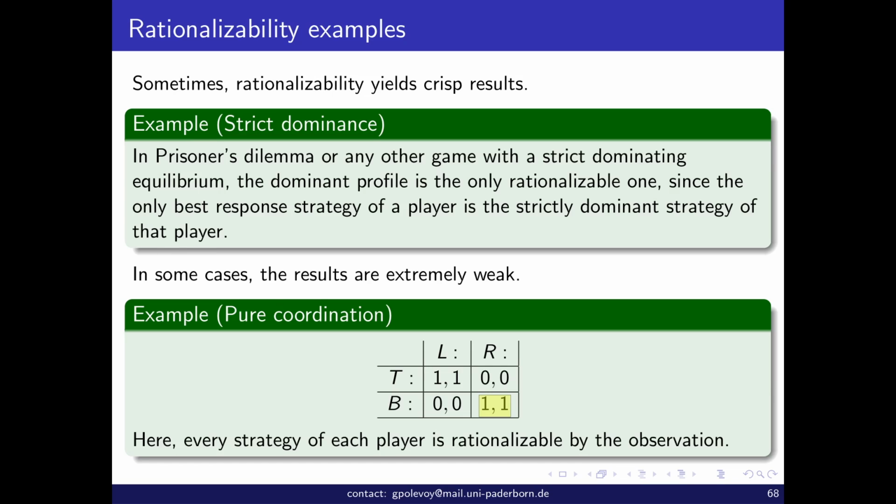Here we don't have anything, because the equilibrium says that they actually have to be coordinated: top with left and bottom with right. It does not matter, but if I want the strategies to be called pure coordination, I would better call them left and right anyhow.